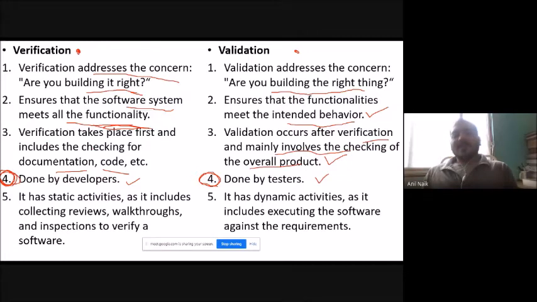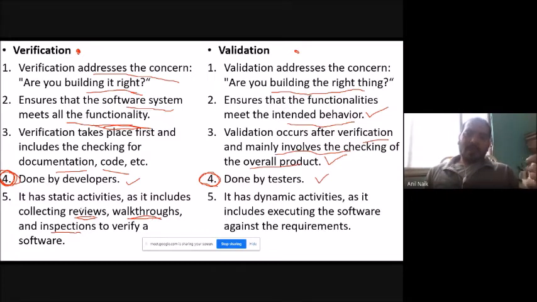Verification has static activities, as it includes collecting reviews, walkthroughs, and inspections to verify the software. For example, just now we faced some login issues with the students, and we reviewed what the problem was. I checked, but the students are still facing the problem.